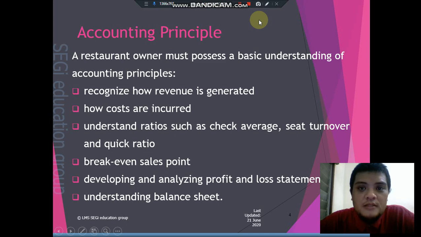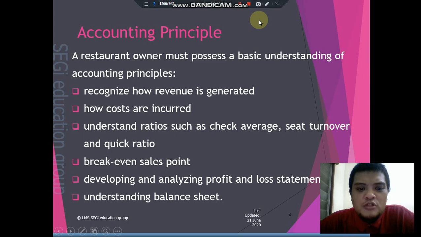Number one is fixed costs, in which the cost will not be affected by the sales volume. The second one is the variable cost, which is directly related to the sales volume. Variable cost means it will get higher when the sales is high, and it will get lower when the sales is low. That is variable cost. I will discuss in detail what the examples are later.